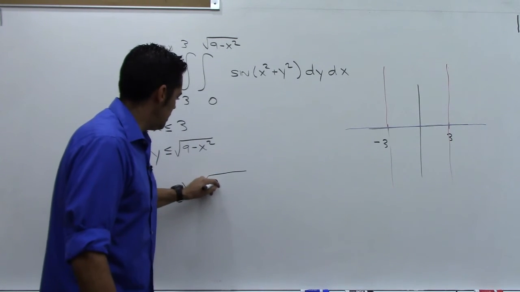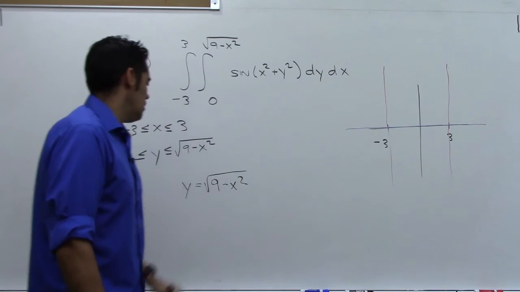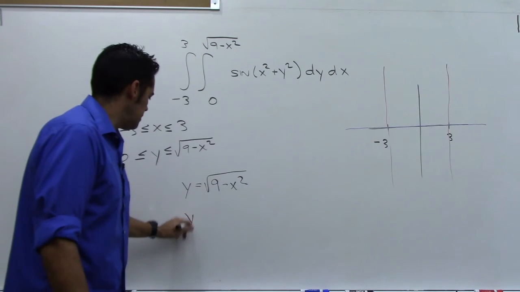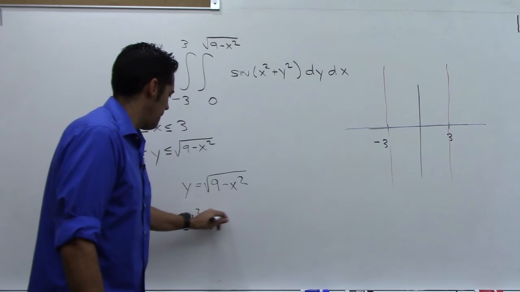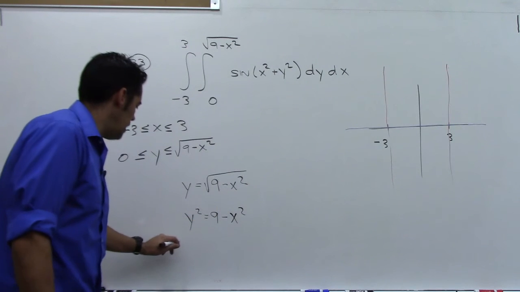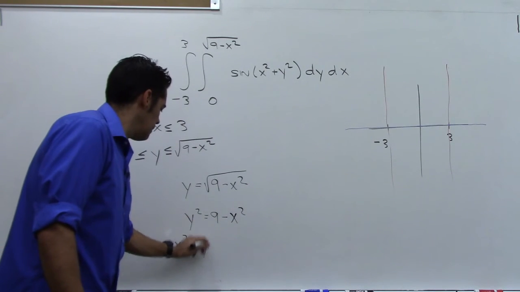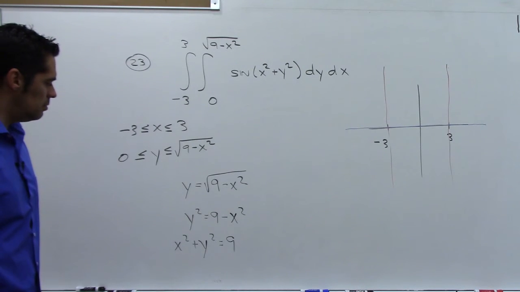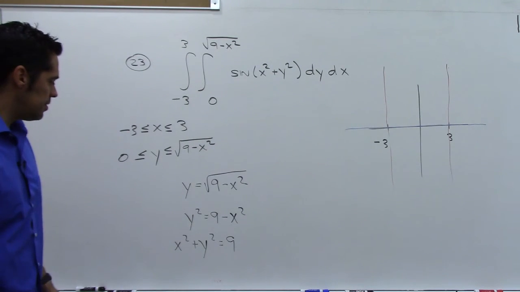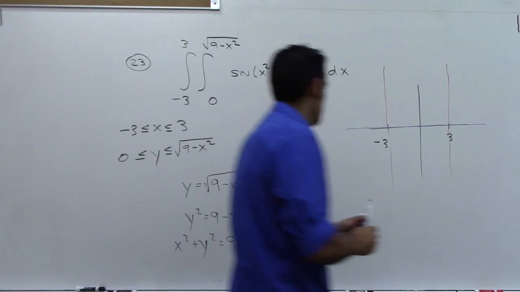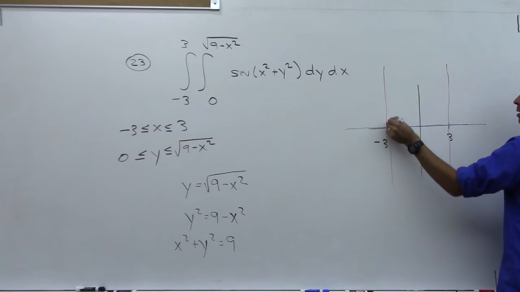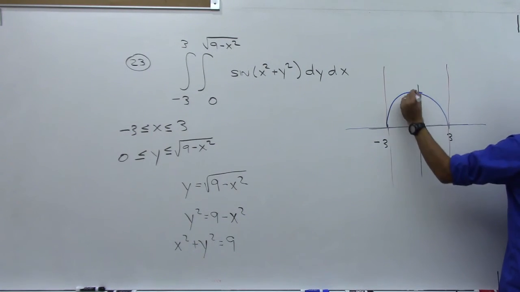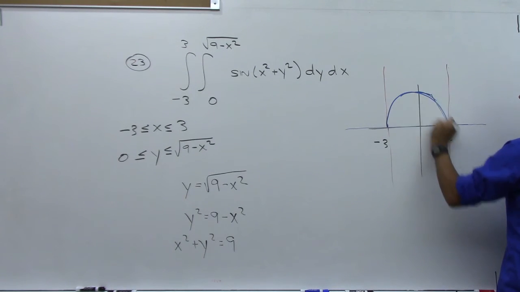Can we determine what this looks like? Well, square both sides, move x squared to the left, and we realize that that really is just the top half of the circle, centered at the origin, radius 3. So that is the circle. That's supposed to hit right there at 3.